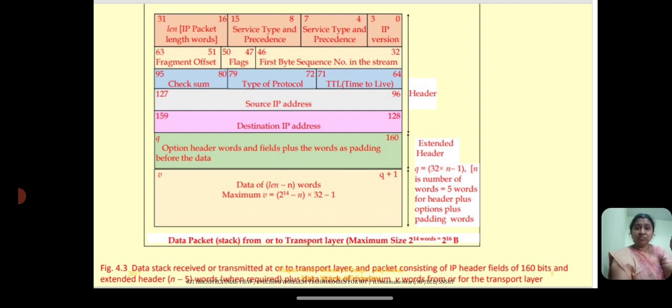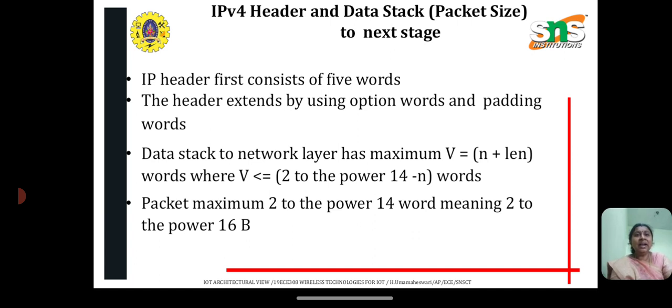Then the length of the data, the service type and the precedence, and the IP version. Then the fragment offset is used here, the flags, and the first byte sequence number in the stream. Next is the checksum, where the header is summed. Then the type of protocol which is being used, IP header 4 and the data stack to the next stage.